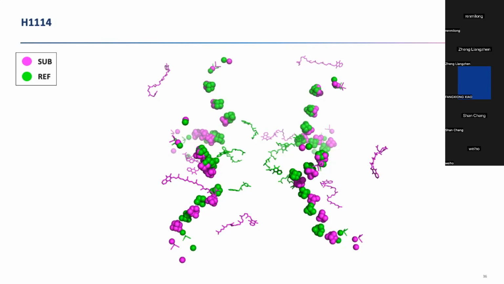The ions are really good, but then take a look at these MQ7 ligands. The MQ7 ligands from the cryo-EM structure are all here in the core of the protein. In the submission, they're way out on the periphery. So I think we need to come up with a better way of completely capturing that.